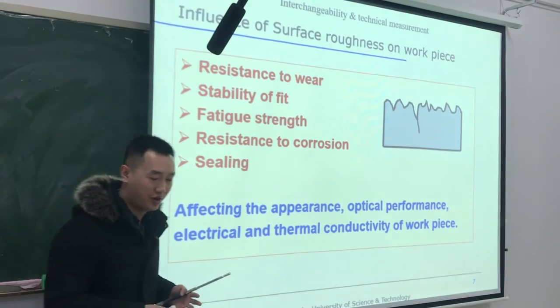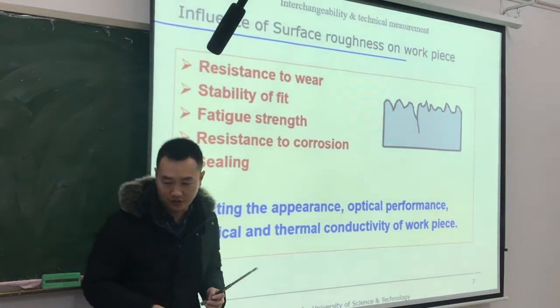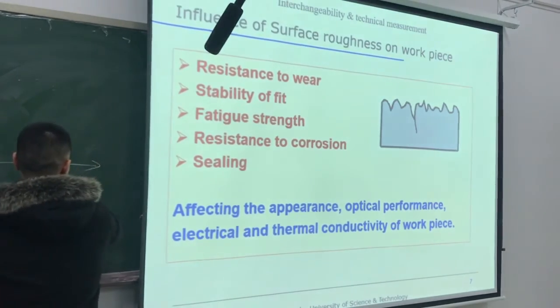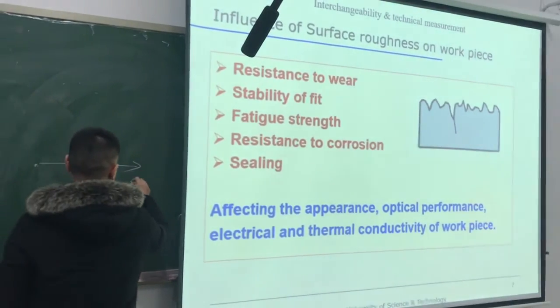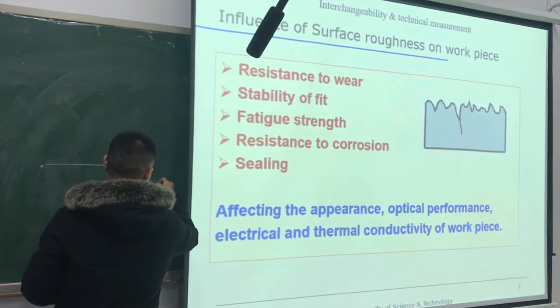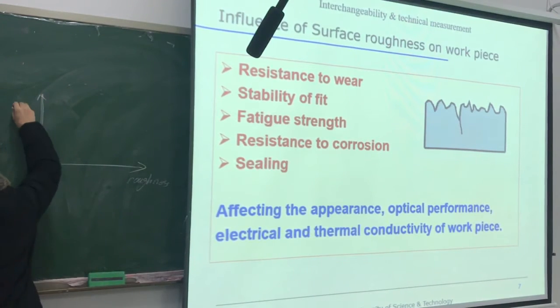surface roughness will affect friction. You can think about if this is the horizontal axis, the roughness, and this represents the friction.